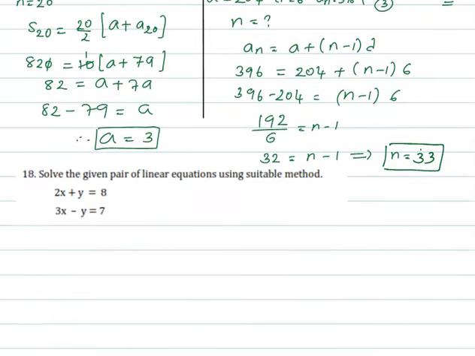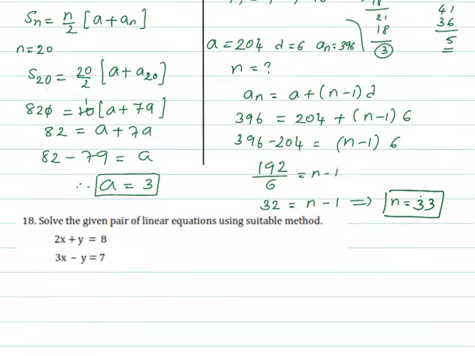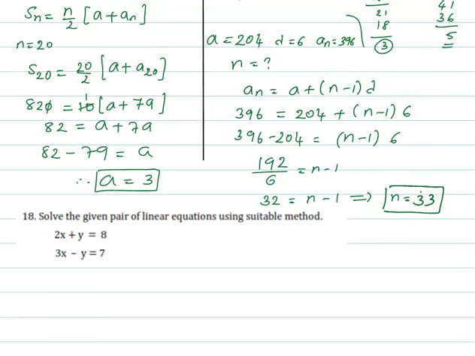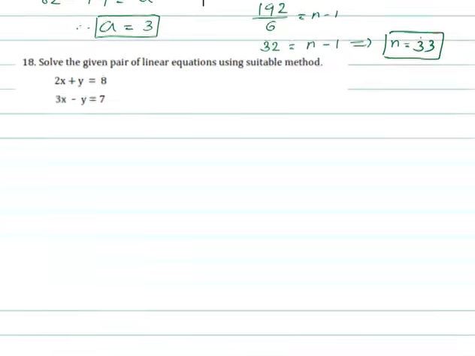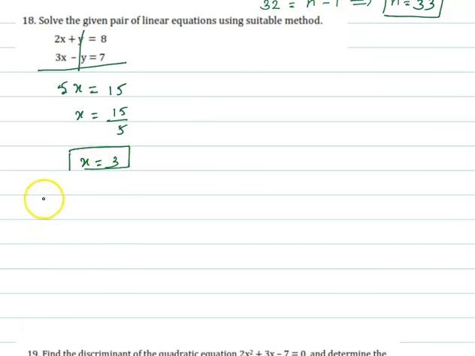Now I'm moving on to the second question. I need to solve this pair of linear equations by any suitable method. I'm going to use the elimination method here. Just by adding, plus y and minus y get cancelled, and we get 5x is equal to 15. x is equal to 15 by 5, so x is equal to 3.